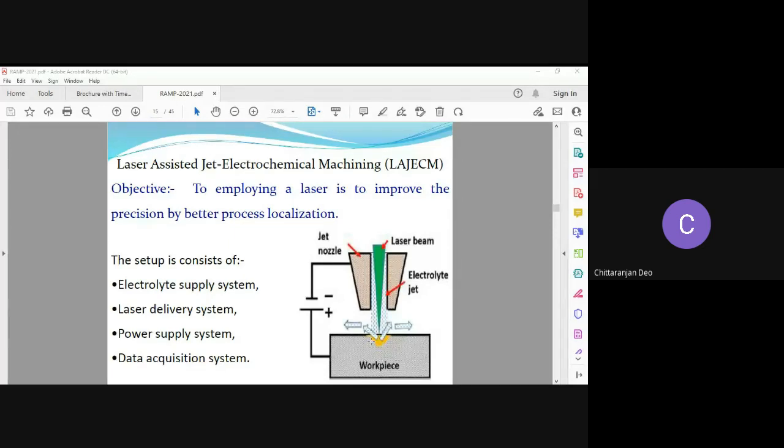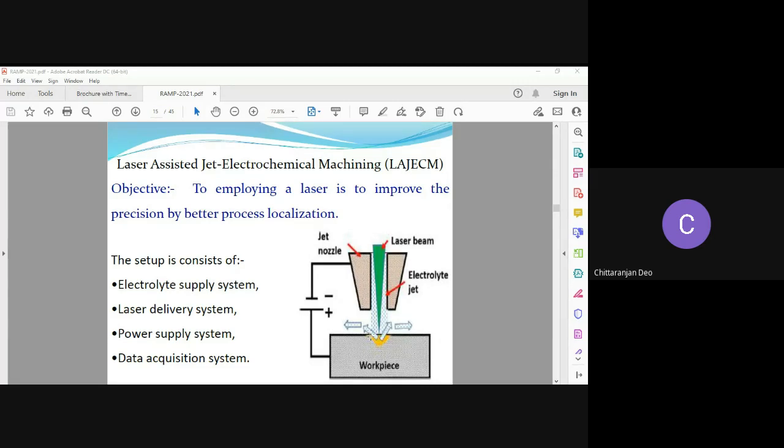Further, the localized heat generated from the laser beam accelerates the electrochemical reaction, thereby achieving a higher metal removal rate. In addition to the localization effect, the laser beam aids in the removal of the surface oxide that forms during machining. Thus, it enables faster electrochemical machining of the material.